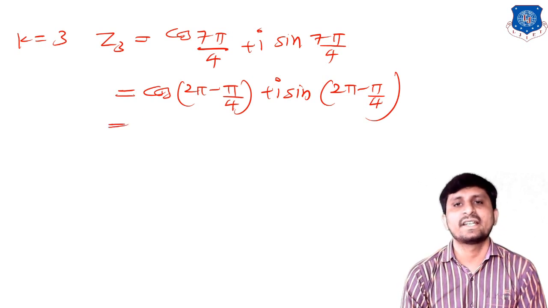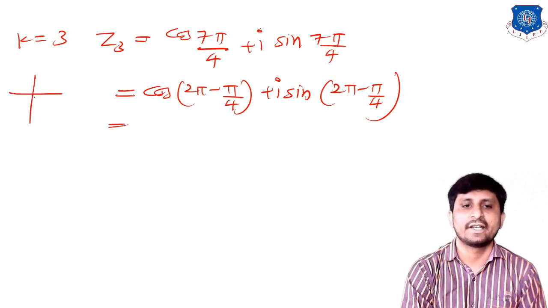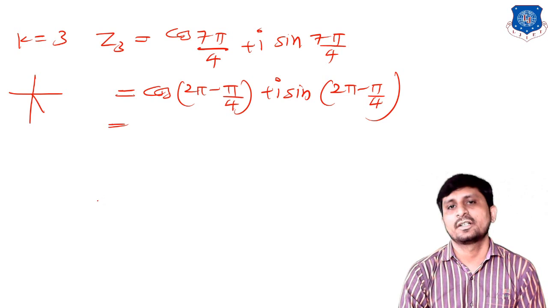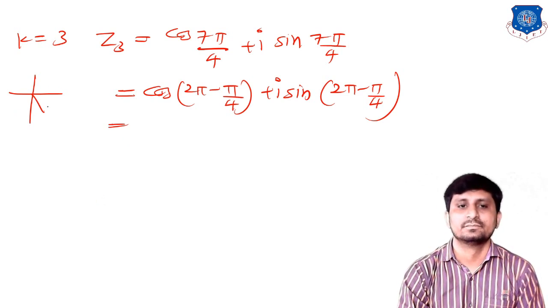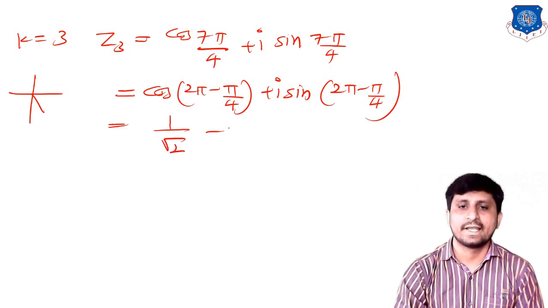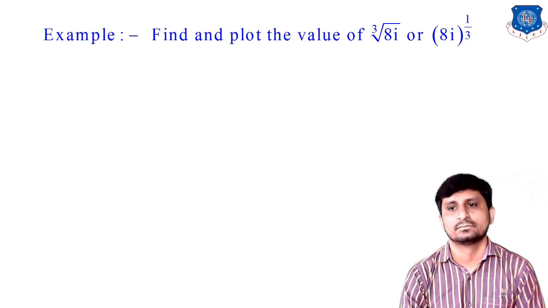And 2 pi minus pi by 4 means now you are in the fourth quadrant. In the fourth quadrant the cos function is positive and the sine function is negative, okay. So that's why this is 1 by root 2 minus i by root 2, clear.